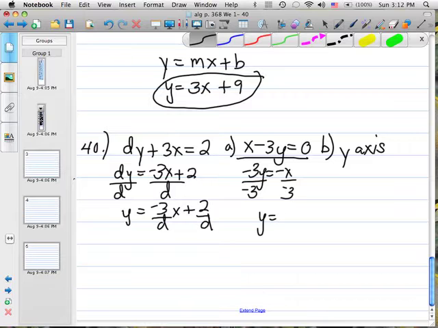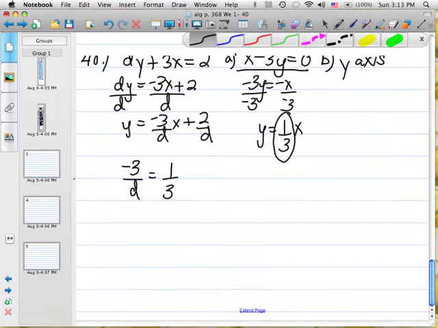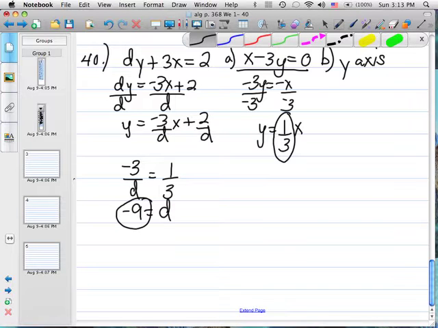So we get y equals negative 1 divided by negative 3 is 1/3 x. So we need to get a slope of 1/3. So negative 3 over d has to equal 1/3. And if we do cross products, we get negative 9 equals d. So if I have a negative 9 for d, I'll get a positive 1/3.